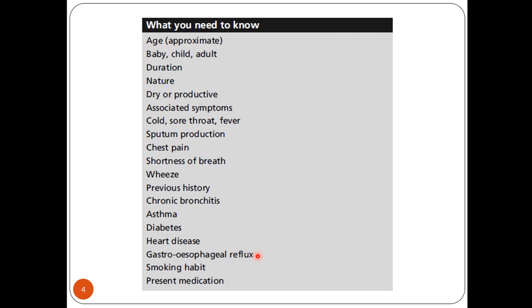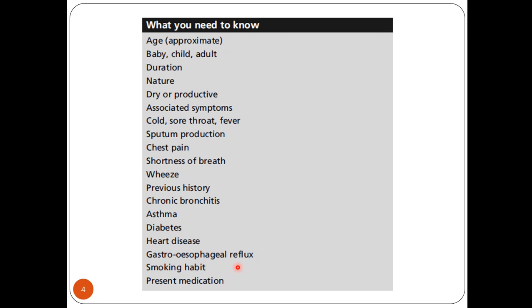Because gastroesophageal reflux is also one of the causative diseases associated with cough. Smoking habit: you know that chronic smoking is one of the causative factors that lead to coughing.